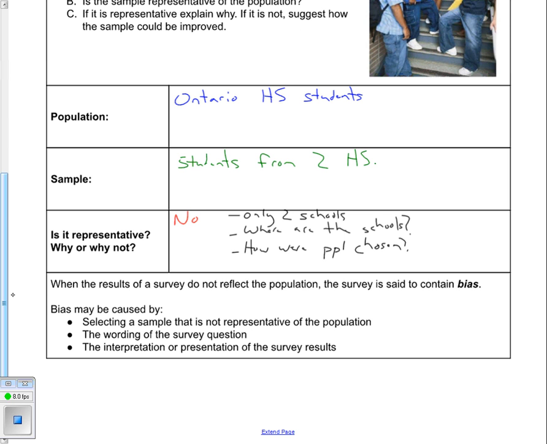This leads us to the final point I want to leave off with: when the results of a survey or of an investigation don't actually reflect the population, the survey is said to contain bias. We'll talk more about bias in the next lesson. But very quickly, bias can usually be caused by one of three things.